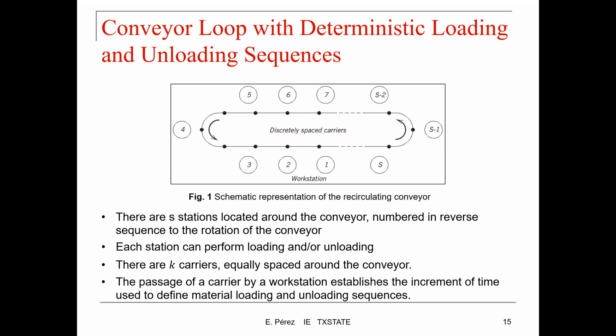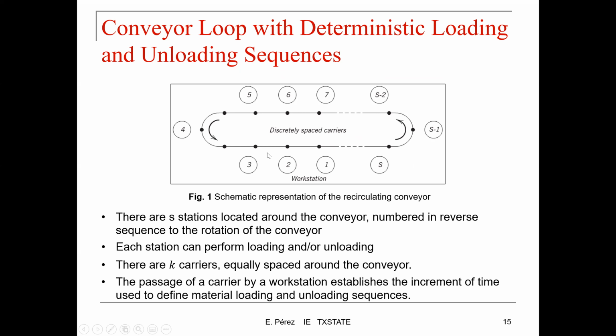This is the schematic representation of the recirculating conveyor. As you can see, by number, 1, 2, 3, 4, 5, 6, 7, and then you have S-2, S-1, S. Those are the workstations. Those circles inside the rectangle with numbers represent the workstations.